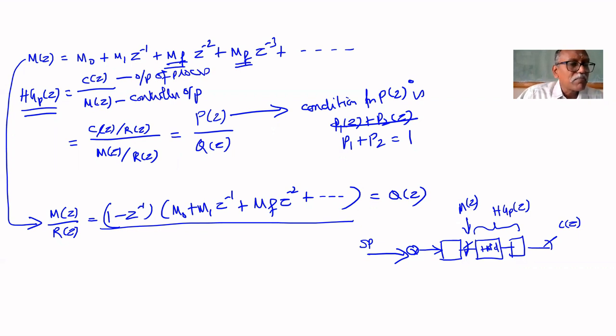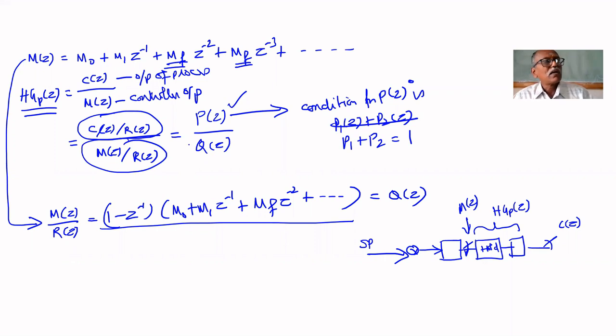But C of Z by M of Z can also be written as C of Z upon R of Z divided by M of Z upon R of Z. This numerator is equal to P of Z, and we substituted here that this is equal to Q of Z. For Kalman's controller conditions, this can be called P of Z if P1 plus P2 equal to 1.